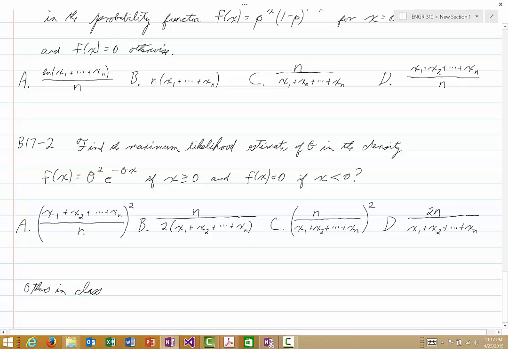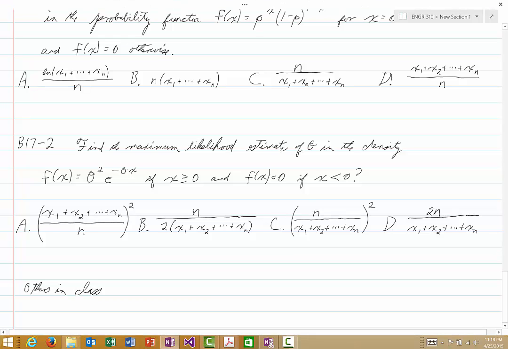And the choices here are A, x1 plus x2 plus dot dot dot plus xn over n and all of that squared, or B, n divided by 2 times the quantity x1 plus x2 plus dot dot dot plus xn. C, n over the quantity x1 plus x2 plus dot dot dot plus xn, all of that squared. Or finally D, 2n divided by x1 plus x2 plus dot dot dot plus xn.